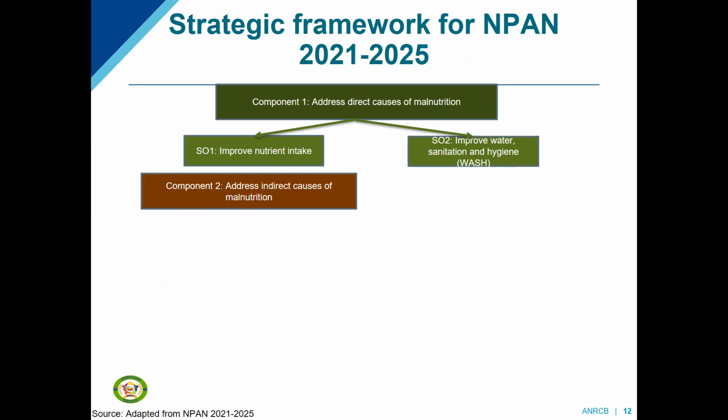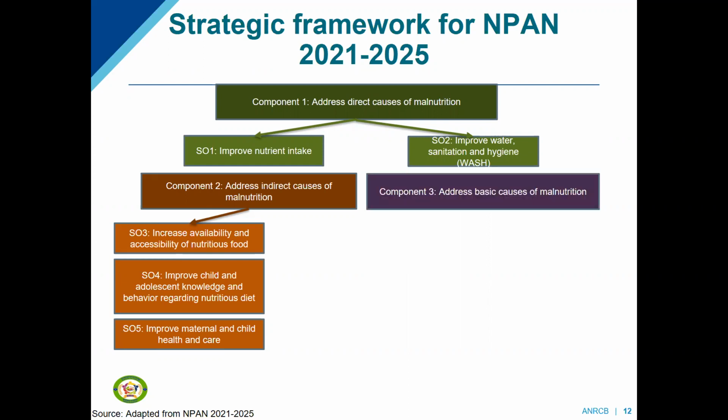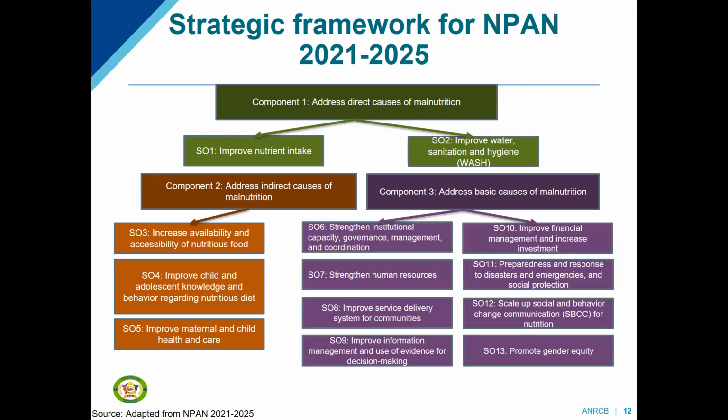The second component addresses indirect causes of malnutrition, so it addresses access to nutritious foods, knowledge and behaviors around nutritious diets, health, and care. The third component addresses basic causes and therefore has several strategic objectives that address issues such as institutional capacity, human resources, financial management, governance, service delivery, and others.